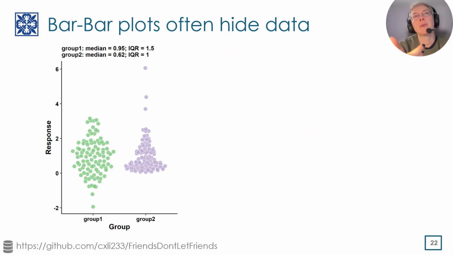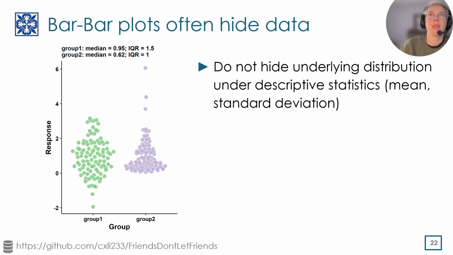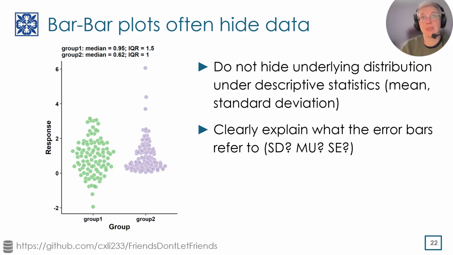If I tell you, are both of these the same? Not really, right? You can see quite clearly that the distribution isn't the same in group 1 and group 2. So having a scatter plot like this, it doesn't hide the underlying distribution under the descriptive statistics. So that can be a bit better in some situations.